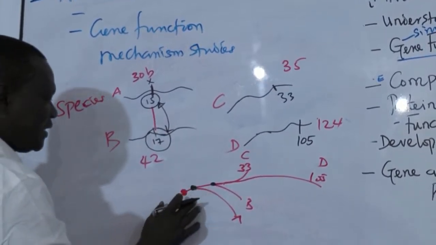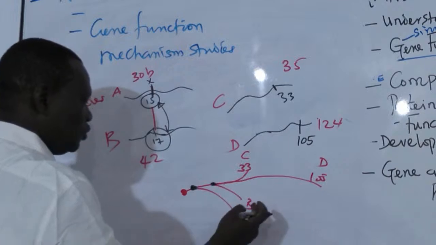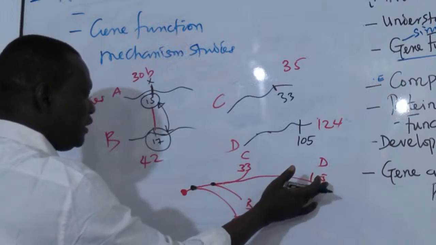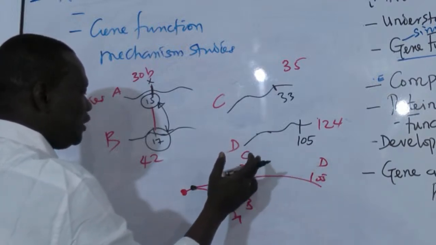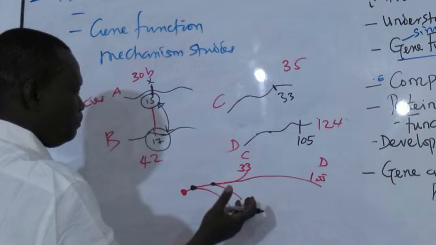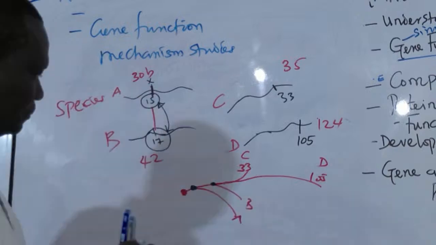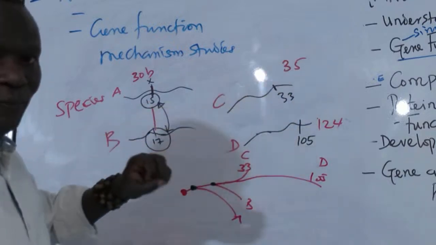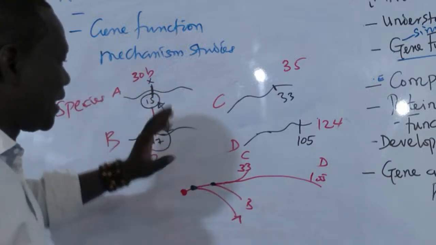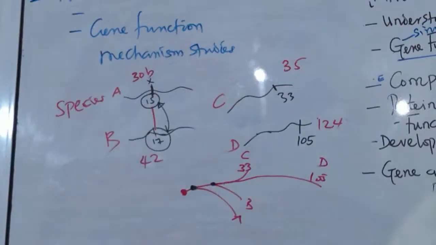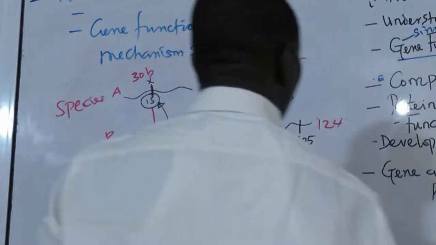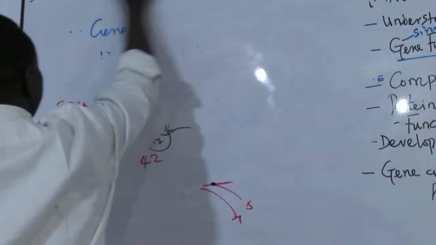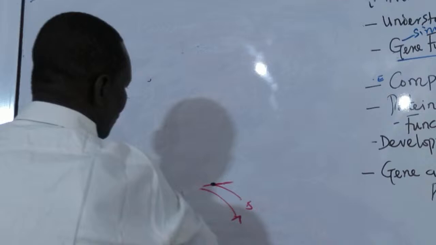Because by the use of this phylogenetic tree, you will know that A and B are more closely related than D to A or C to B. So that is how you can make use of a phylogenetic tree to know the function of certain genes and their mechanism of action. The third point under that is their usage in comparative genomics.